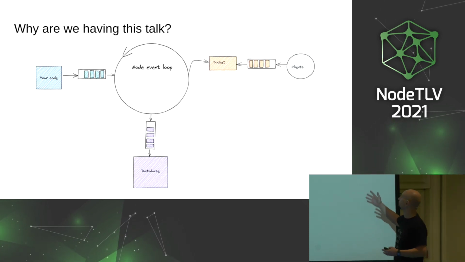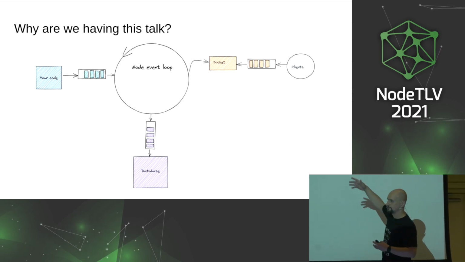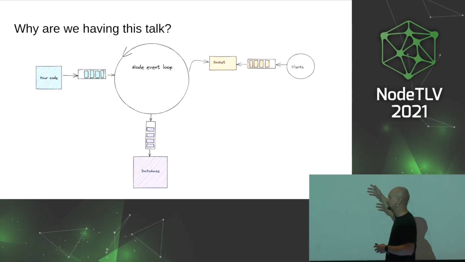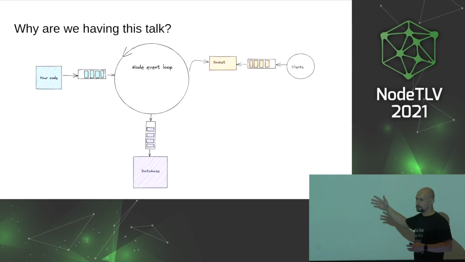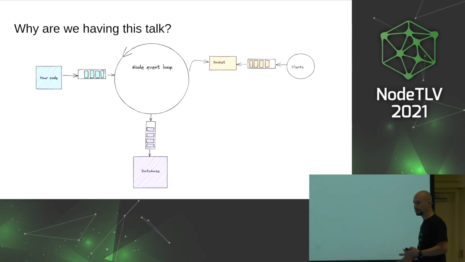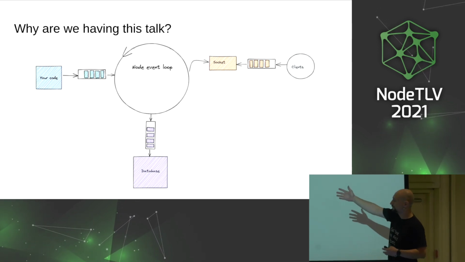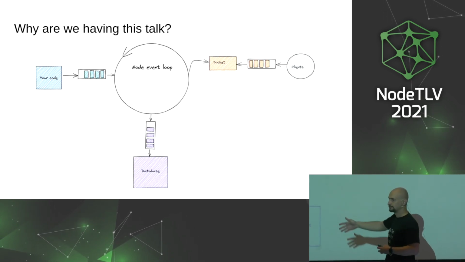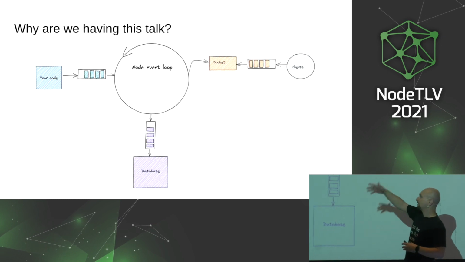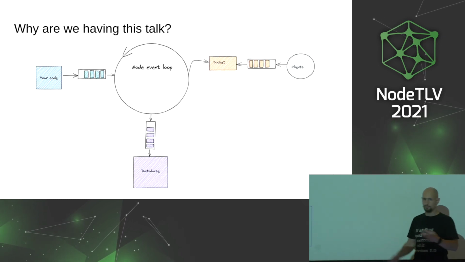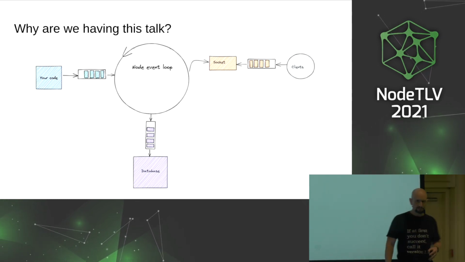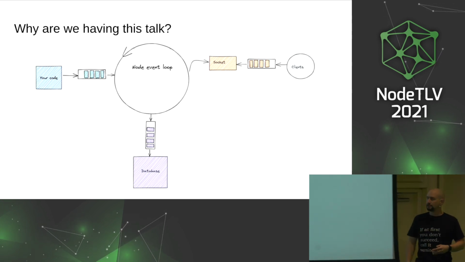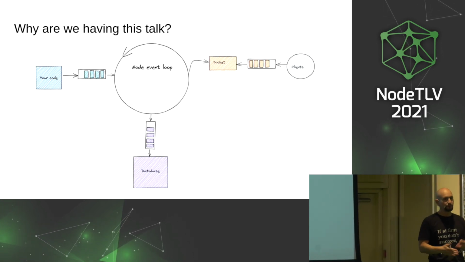So basically, this is the basic structure of Node.js. You have this event loop standing in the middle of everything, connected to a bunch of other things on the periphery. You have clients that are talking to the server using some socket, and between the clients and the socket there's a queue, usually operated by the kernel. When you talk to a database, between the Node.js process and the database, there's a queue.